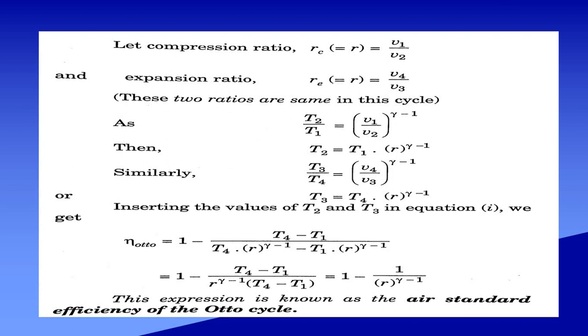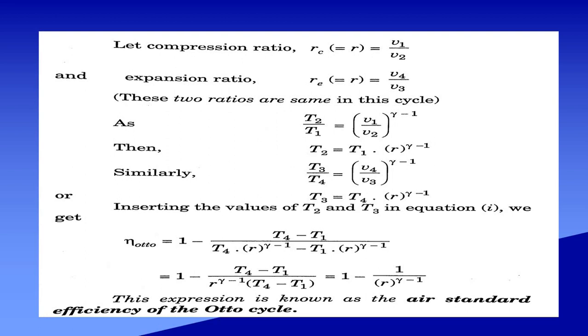Okay. So now when we have to go for PVT relations, if it is an adiabatic process, I have told you how we have to write this PVT relation. P is pressure, V volume, and T temperature. Pressure in Newton per meter square or in bar, volume in meter cube, and T in Kelvin. Okay. So P1, V1, T1 are the initial conditions, and P2, V2, T2 are the final conditions.